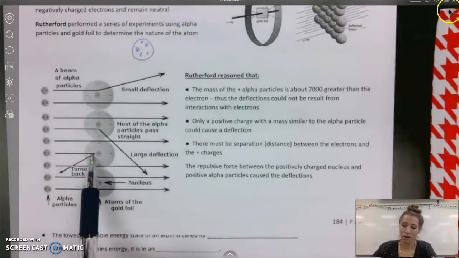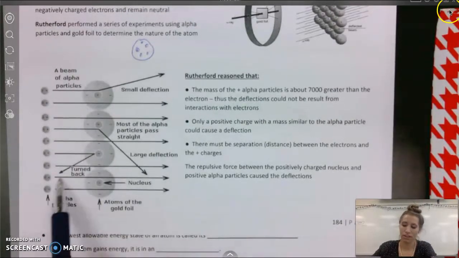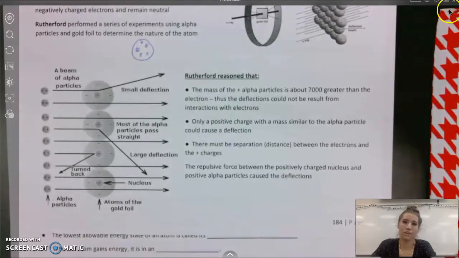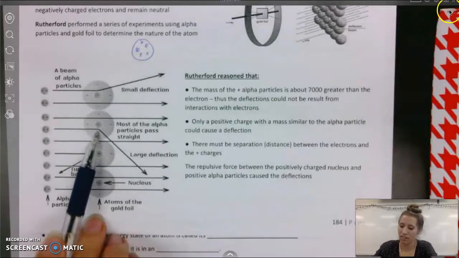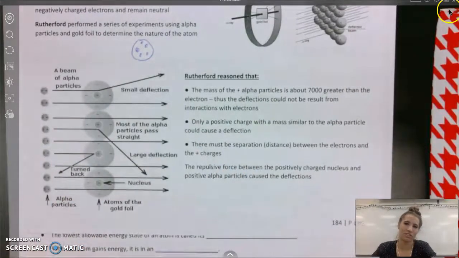Some of the alpha particles were reflected almost directly back at the emitter, and some had other interesting deflections happening. And so Rutherford had to come up with a theory for this observation that he was making. And they were astounded. They could not believe that these alpha particles were bouncing back at them.